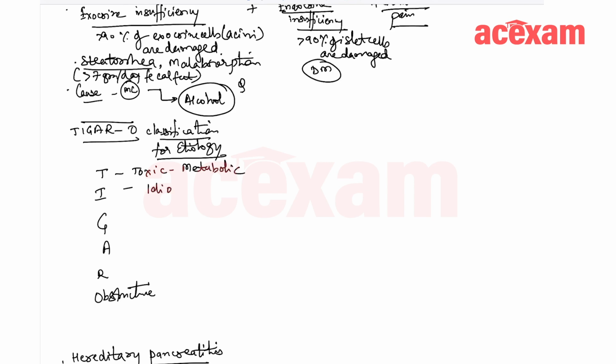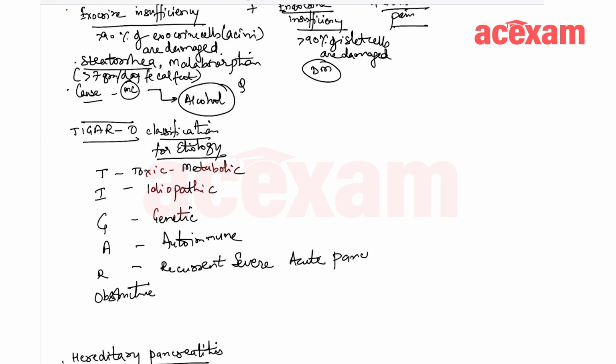This classification is the TIGAR-O classification, and TIGAR-O stands for toxic, metabolic, idiopathic, genetic, autoimmune.